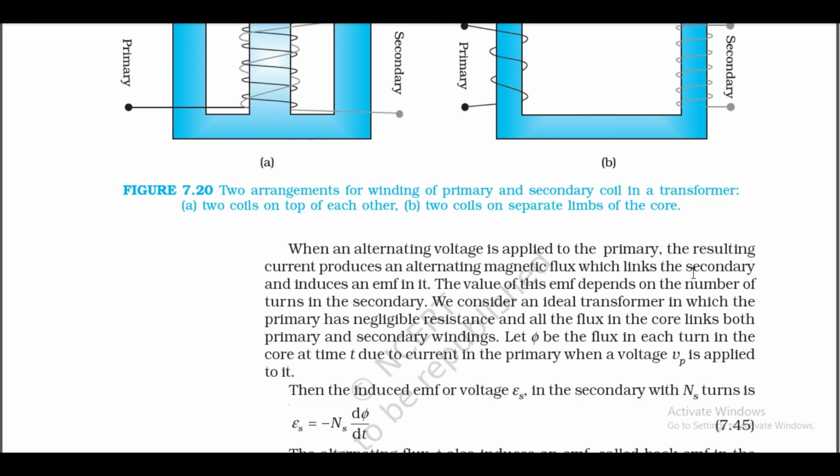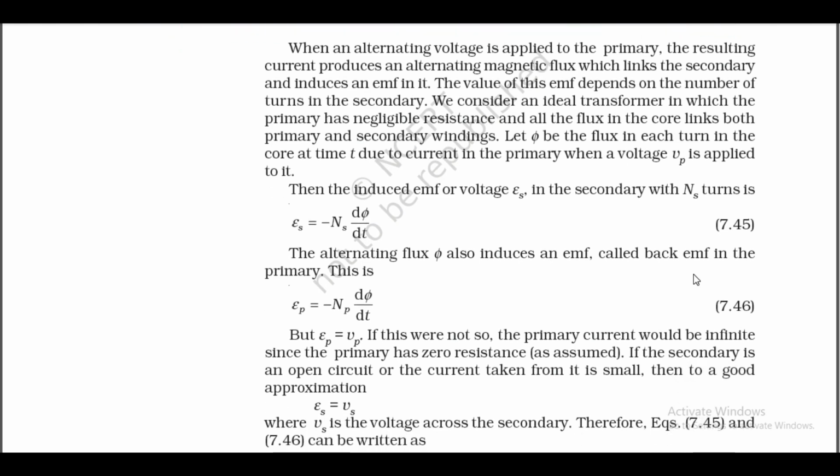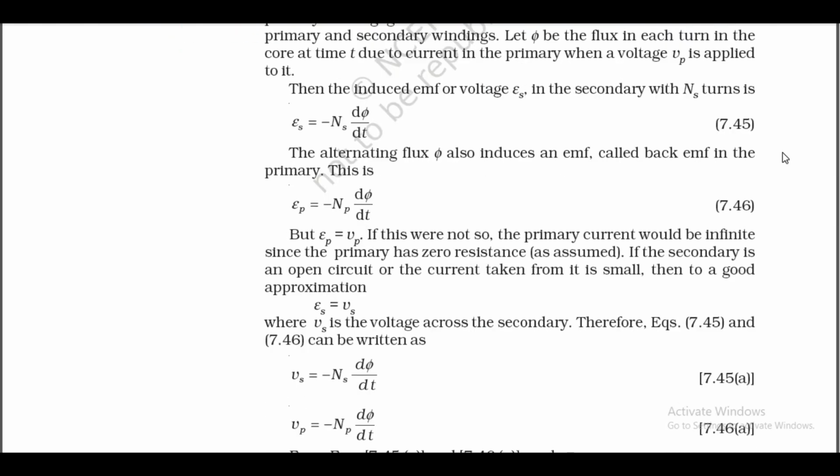Let phi be the flux in each turn in the core at time t due to current in the primary when a voltage V_p is applied to it. Then the induced EMF or voltage epsilon_s in the secondary with N_S turns is epsilon_s equal to minus N_S d phi by dt, the alternating flux.